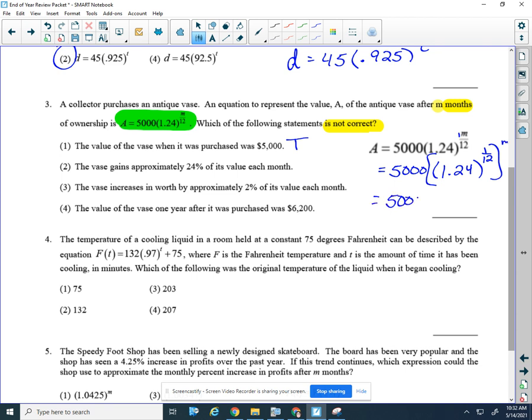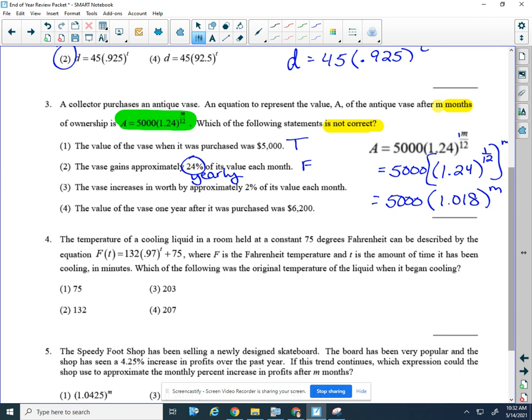So my equivalent function, 1.24 to the 1/12, is 1.018. So the actual rate is 1.8%. This thing is actually your yearly rate. So that's false. That's our answer, but let's just keep going for the sake of understanding.